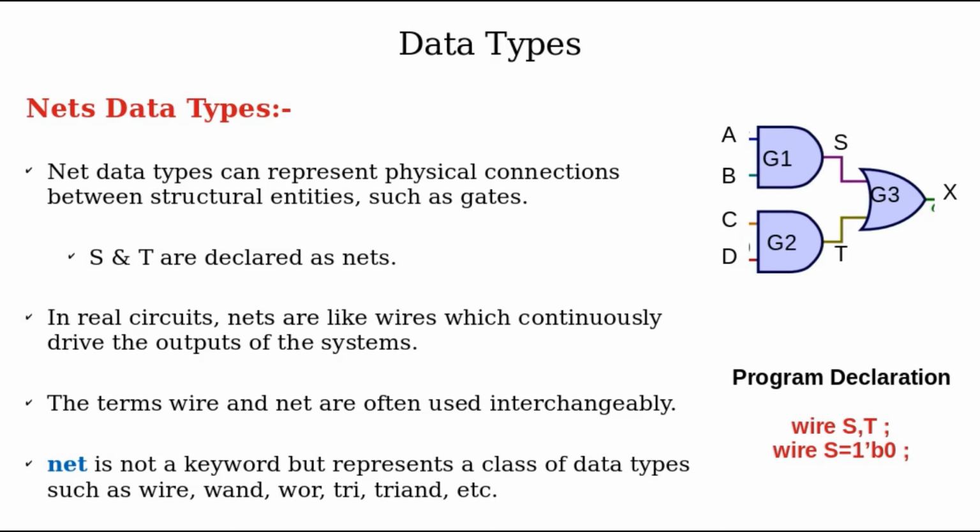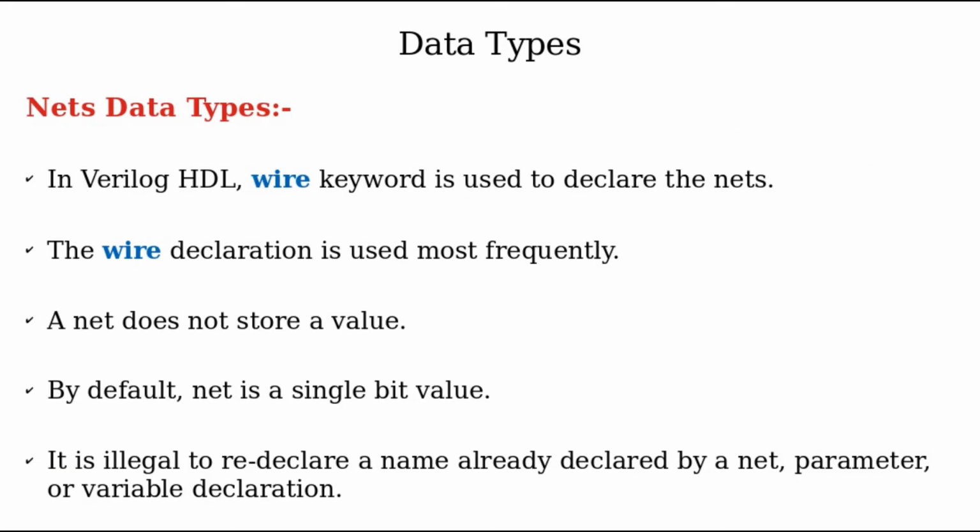Net is not a keyword, but it is used to represent a class of data types such as wire, wand, wor, triand etc. In Verilog HDL, the wire keyword is used to declare the nets. Wire declaration is used most frequently.